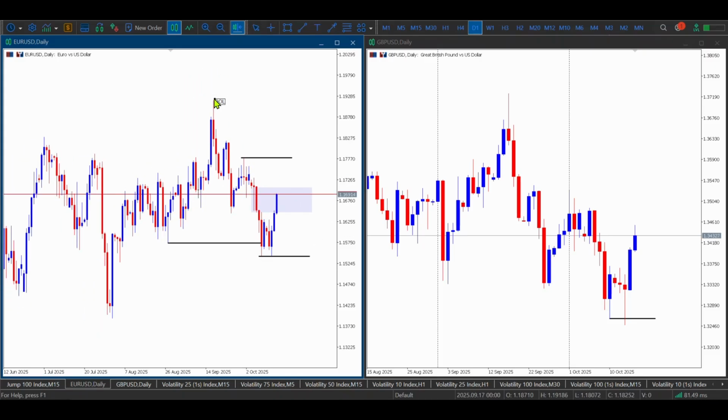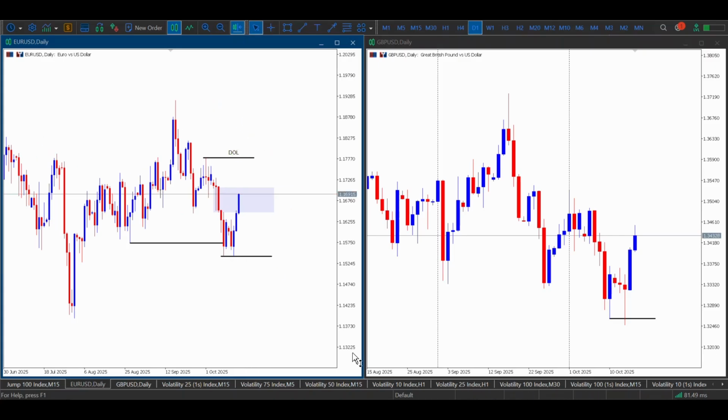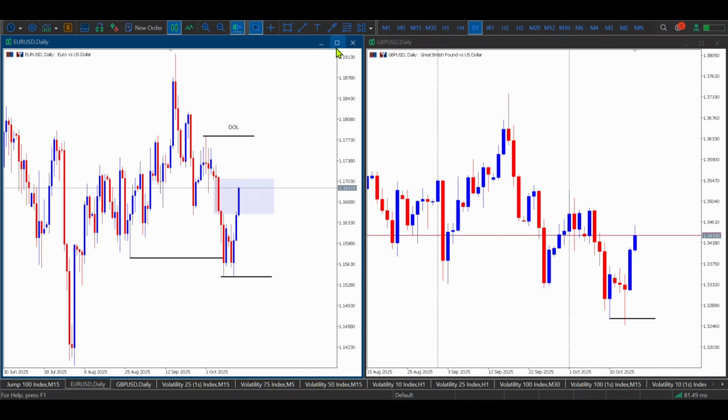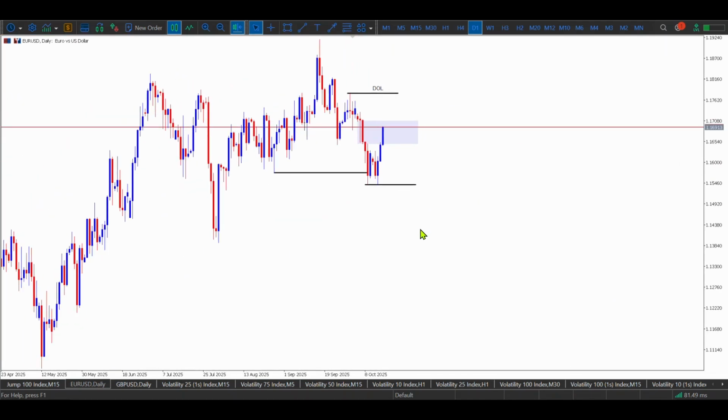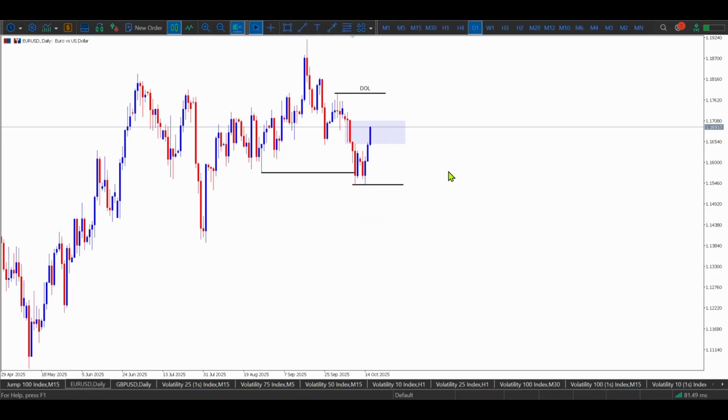Okay, so with that said, I'm going to expand this chart and focus on EURUSD because it's the one that I'm looking to buy. It is going to be the one that is very bullish, as you can see, because it never went below this low, while GBPUSD went below last week's low.